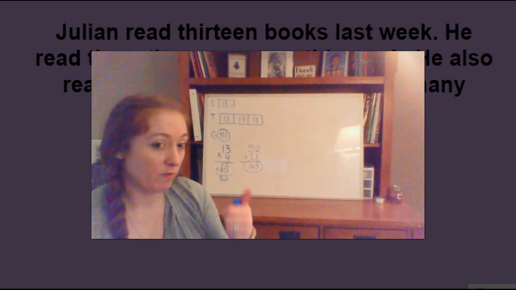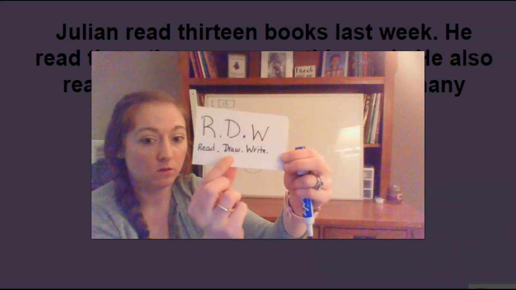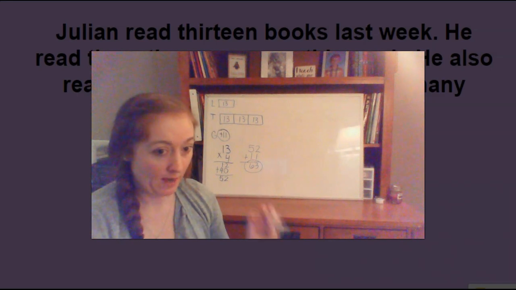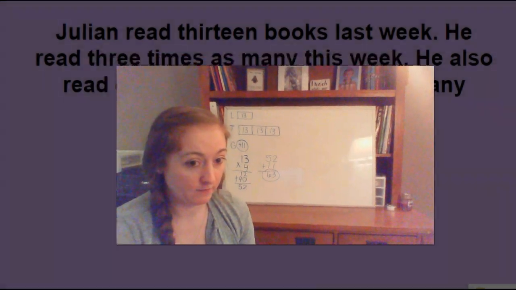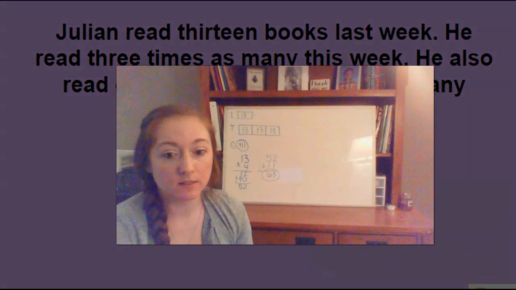So we've read it, we've drawn it, and now we need to write it. Okay, so we need to make a complete sentence. So let's go back to our question just to make sure we have it right. So the part that we're trying to solve is down here. It says, how many books did he read in all? So we need to turn that into a sentence.